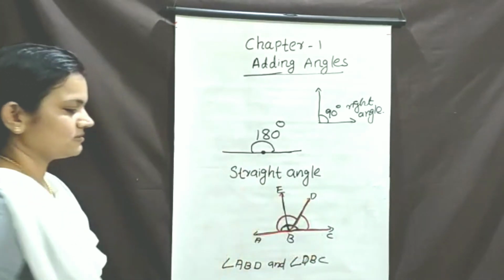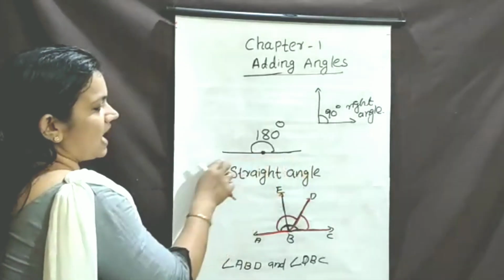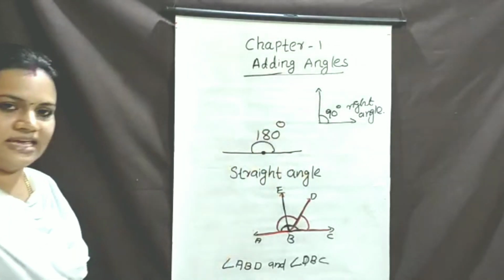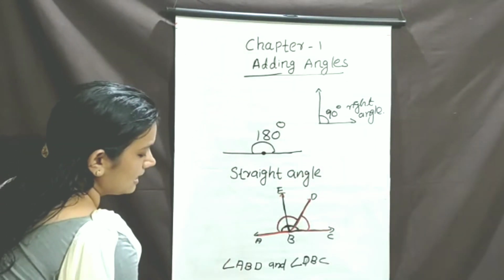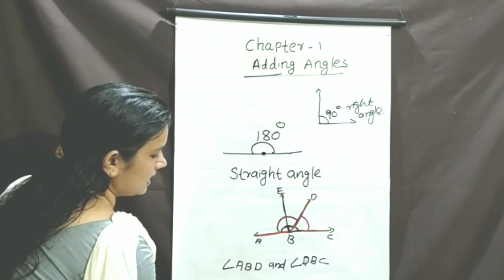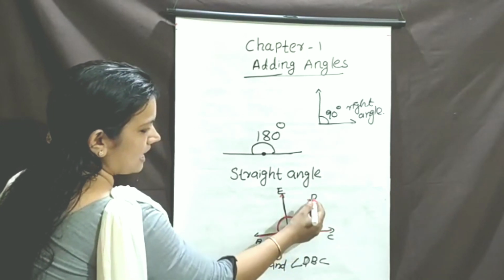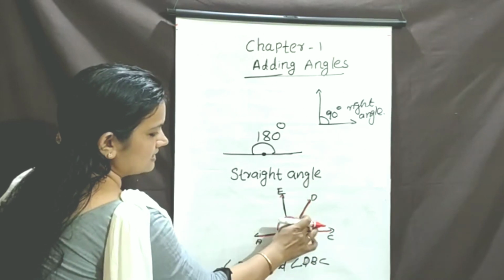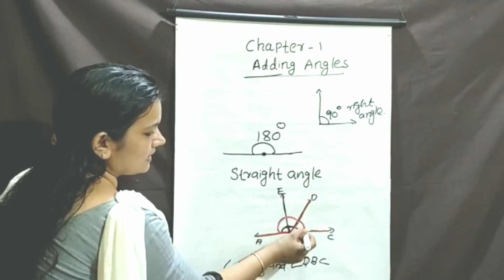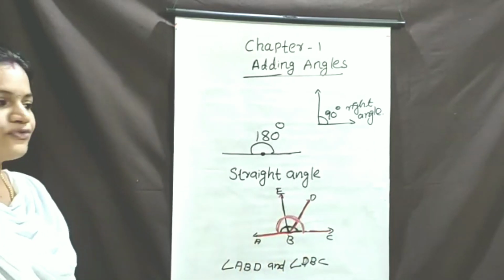We already learned that one straight angle is called 180 degrees. So we can write angle ABD and angle DBC. This is a half rotation.